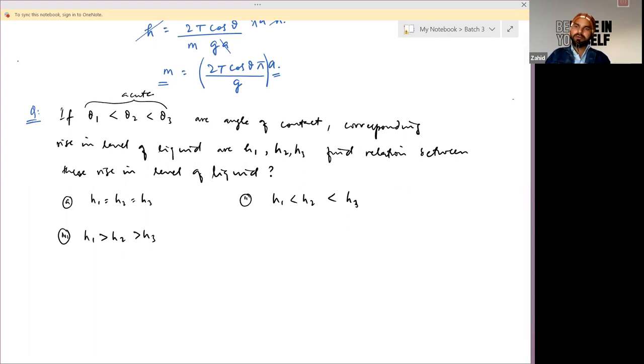Just use the above formula and try to define which of these relations will be correct. Atif, any idea? I guess your answer: first, second, third. Reba?